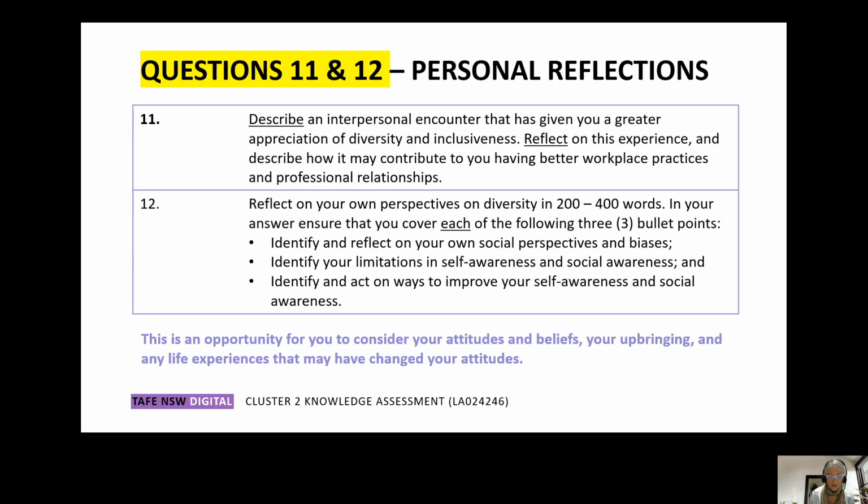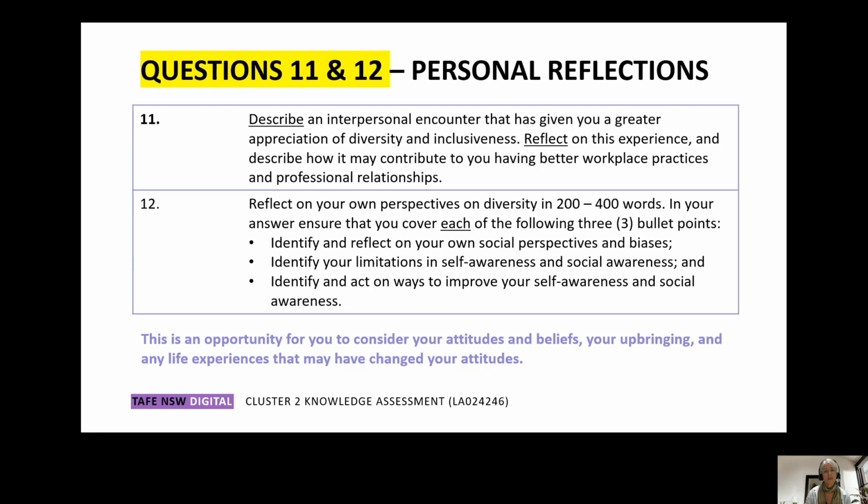So, for example, you may have had an encounter with a homeless person, and before that encounter, you may have held a whole lot of different beliefs about the homeless community, or why someone is homeless.